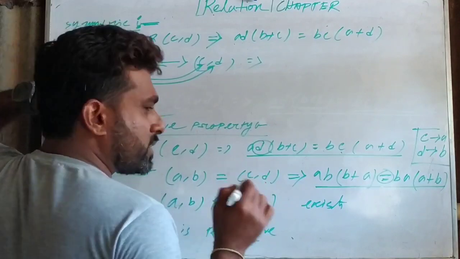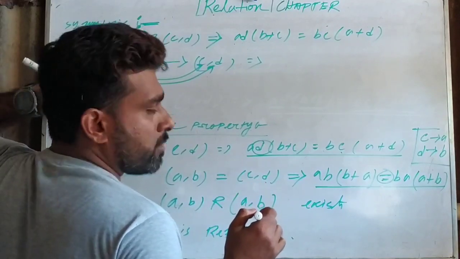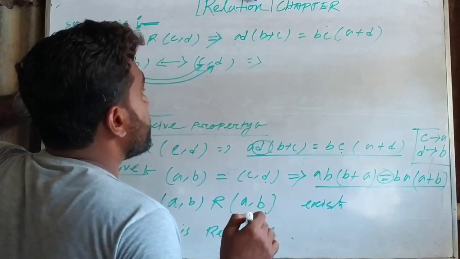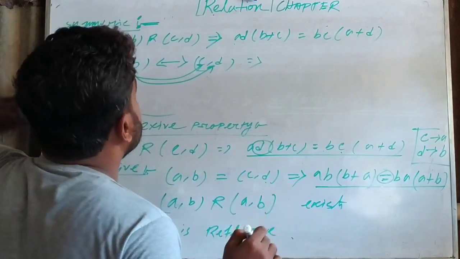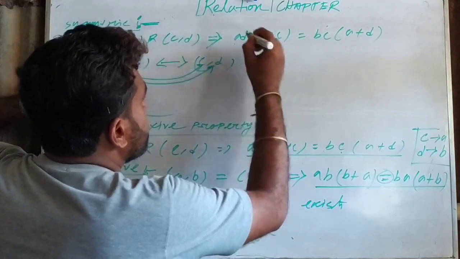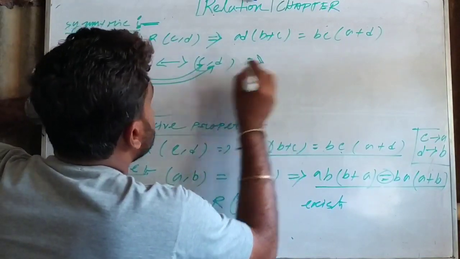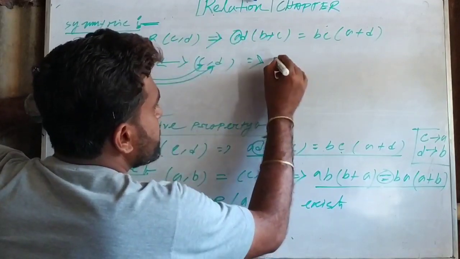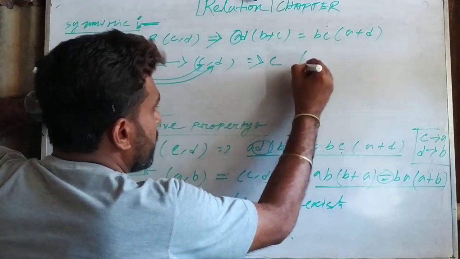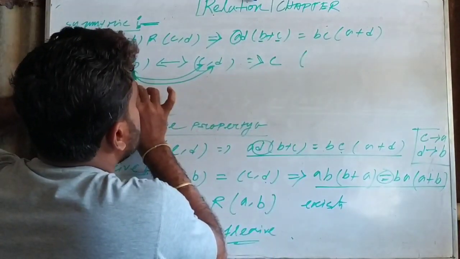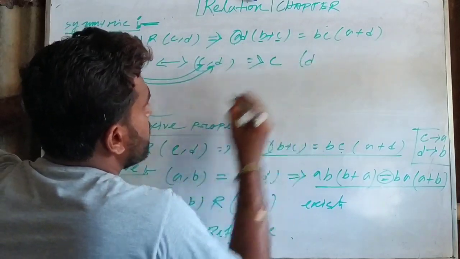After that, it is going to be tough or very confusing if you interchange all of the things at a time. So just interchange A and B. In place of A and B, what should I put here? C and D. So in place of A, C, and in place of B, D.